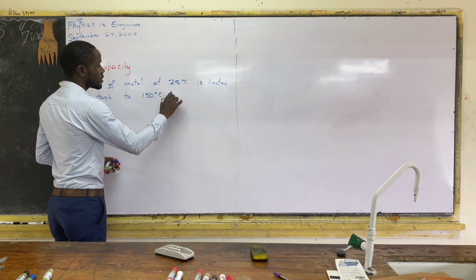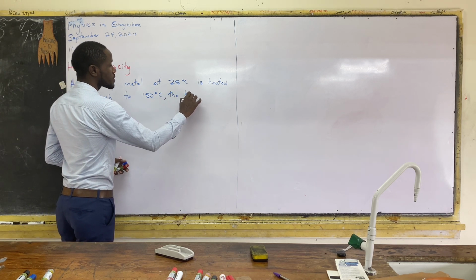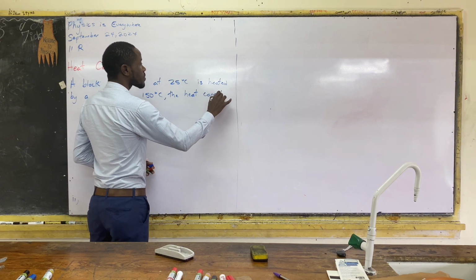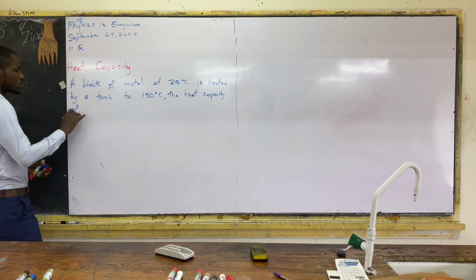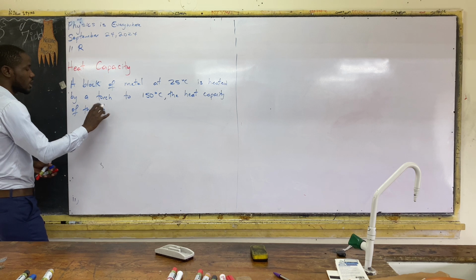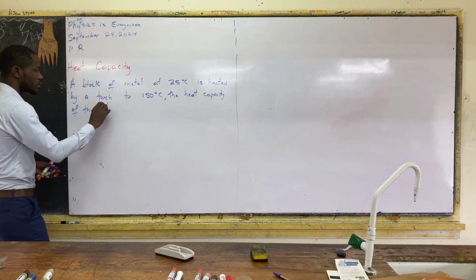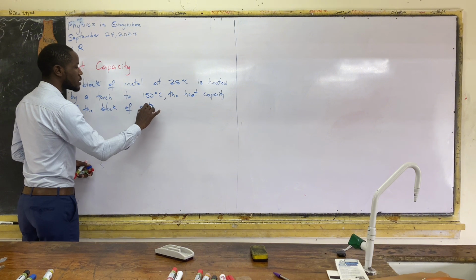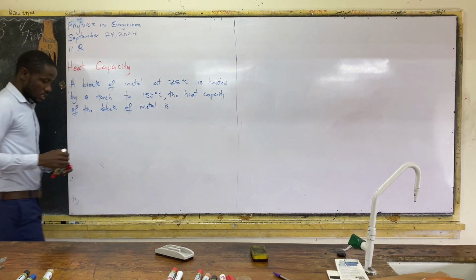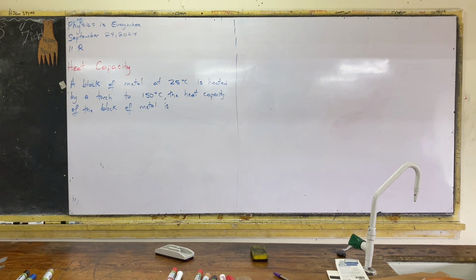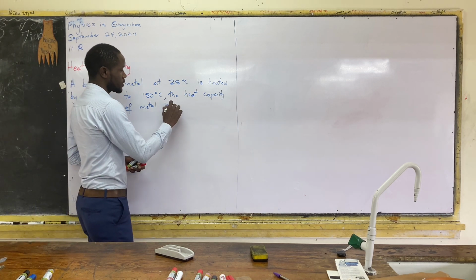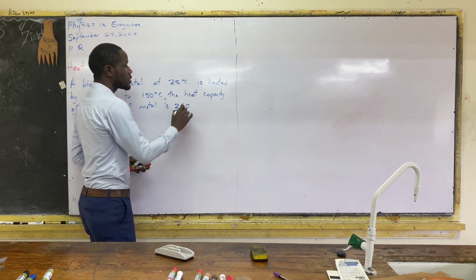And we're going to say that the heat capacity of the block of metal is probably about 240.